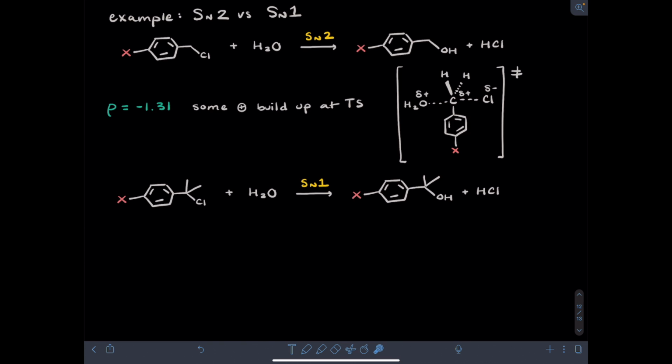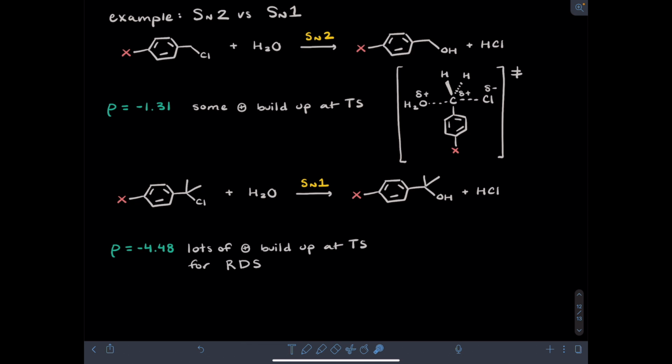In contrast, let's consider a tertiary alkyl halide, where I've just added 2 methyl substituents at the benzylic position. This changes the mechanism to favor SN1, a multi-step mechanism instead.